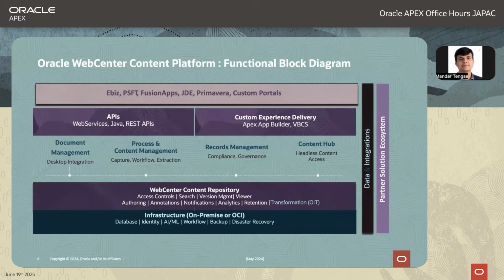And there are various use cases. I'm putting primarily these four places where WebCenter Content has been very useful for customers. Typical document management use cases, where content is collaboratively created, reviewed, approved, and then made available for the whole organization in various forms, like say policy creation and then the policy being made available for everyone.